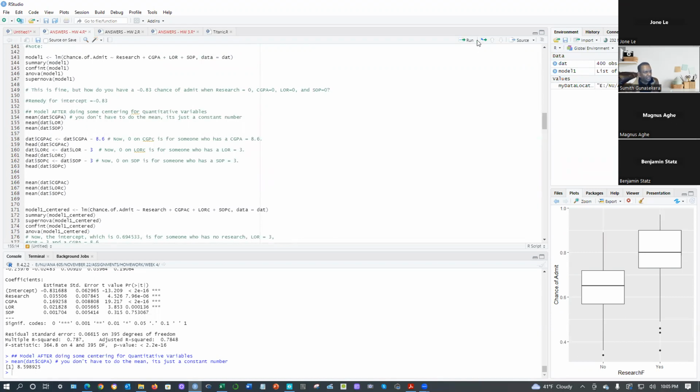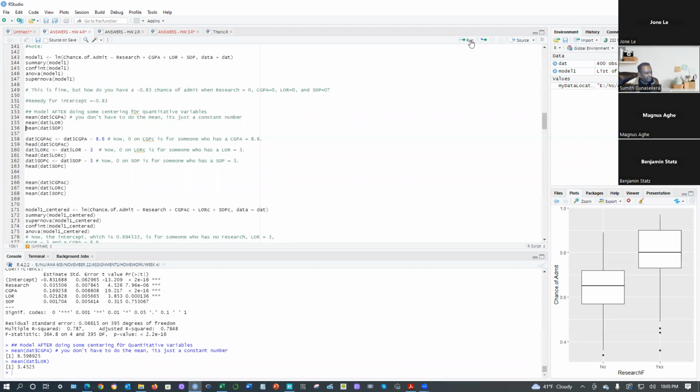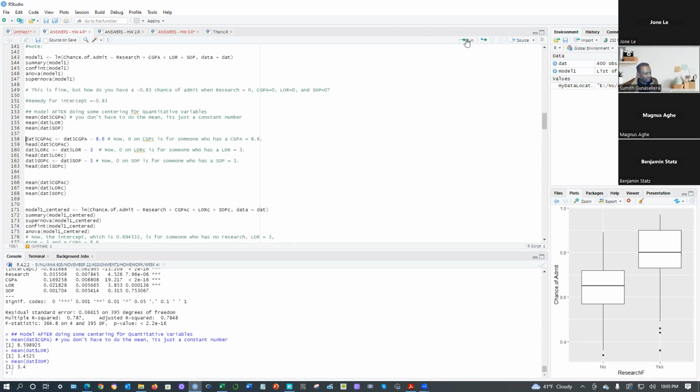Let's go to the LOR average. 3. Instead of the average, I'm going to subtract 3. Can I subtract that 3 again? Yes. See? Now, 0 on CGPA is for someone who has a CGPA of 8.6.